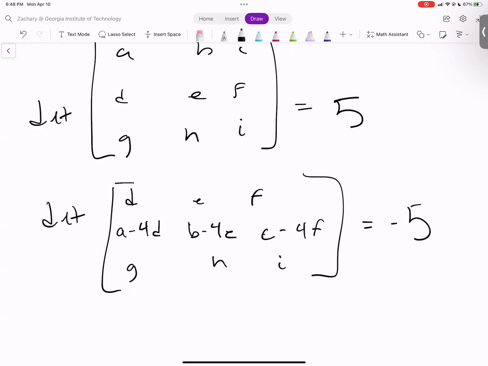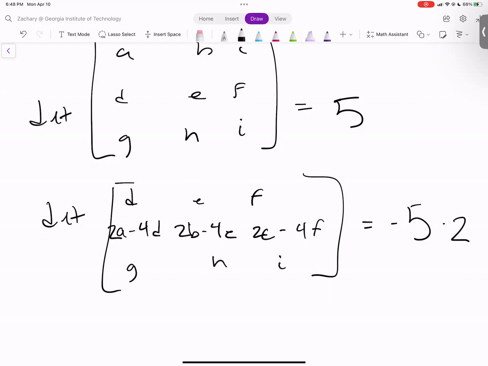What I mean by that is this is one of our original rows. Check. This is one of our original rows. Check. So the only row left is A, B, C, so we look for what A, B, and C are here. For instance, if this was instead 2A, 2B, 2C, this would be -5 times 2, because that's how we change our original row. Does that make sense?